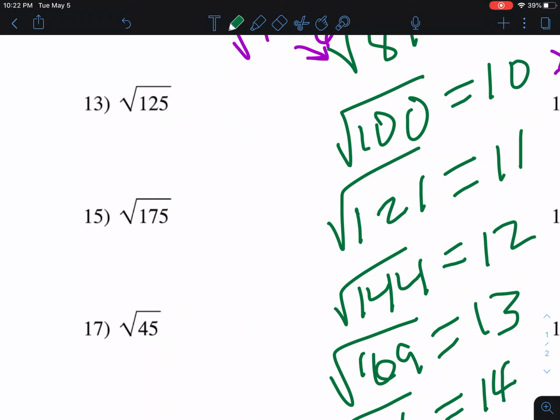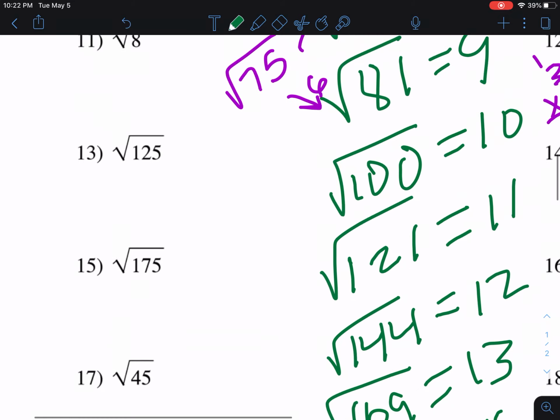And then start on our list from there. So 175 is about 180. So if we cut 180 in half, that's about 90. So we're going to start there on our list.